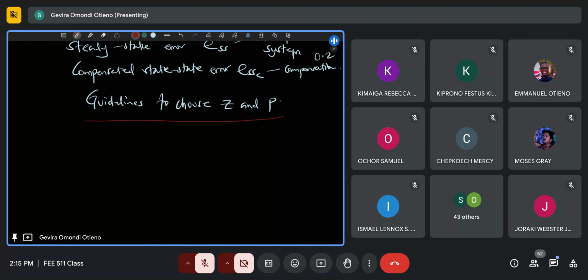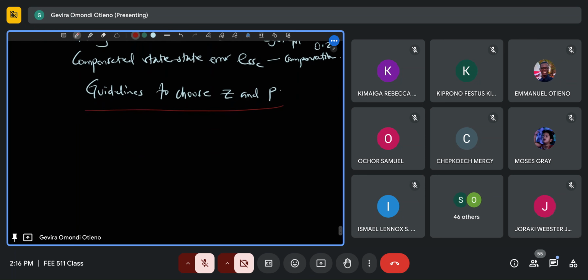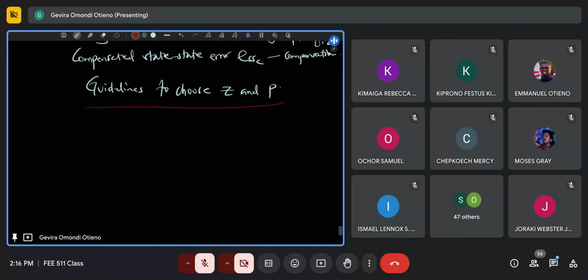Now, here, we just need to know how we can determine the zero location and the pole location for the lag compensator. The objective is to reduce the steady state error, okay? The first thing that we must always understand, especially in the choice of the zero and the pole, is that the zero and the pole of a lag compensator must always be as close as possible.